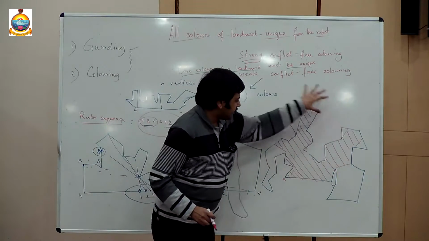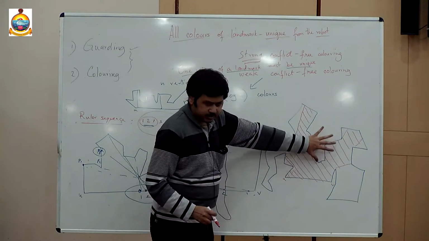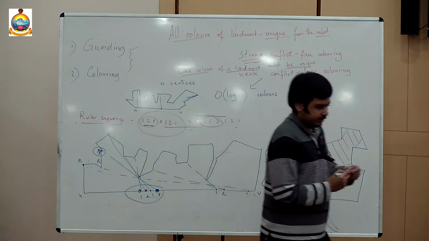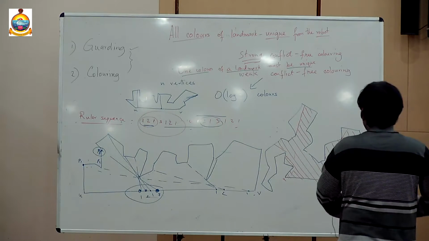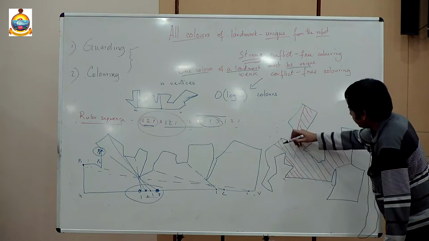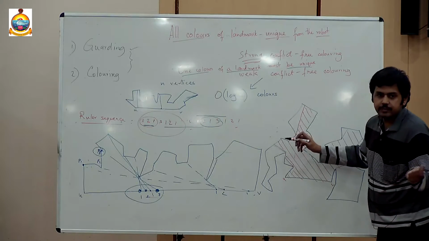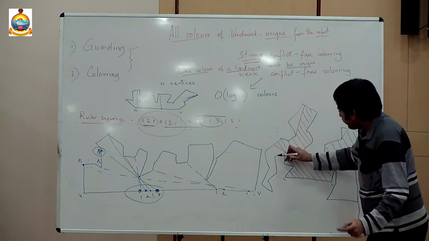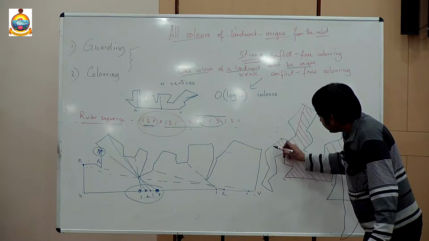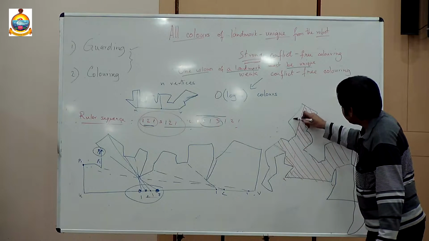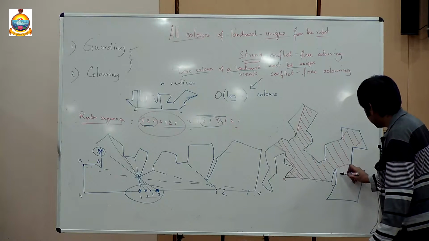If the total number of vertices is n, obviously for this also we will have order n. Then we don't stop here. Look at the constructed edges here. I will take this as my next weak visibility edge. I will compute again the weak visibility polygon for this. Here it completes.